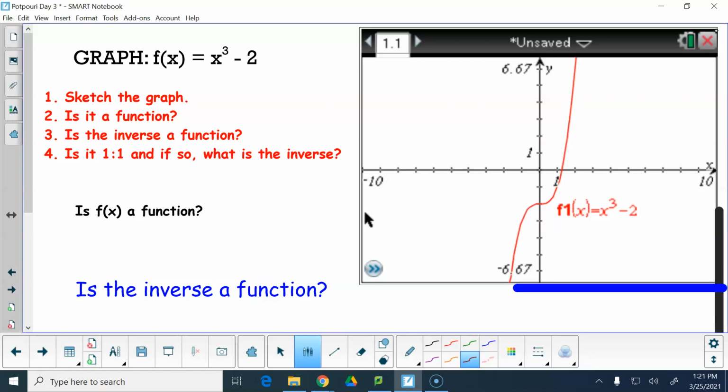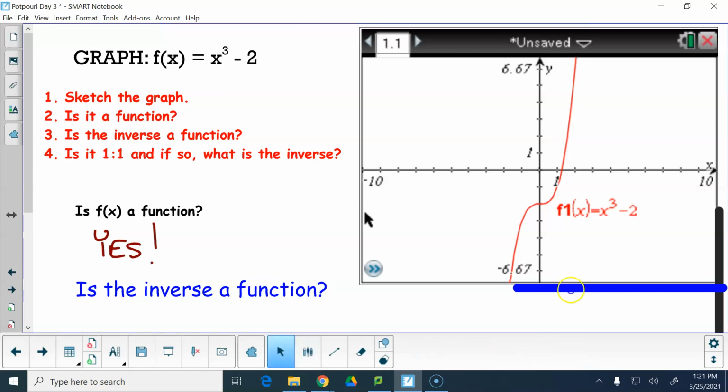Okay, so my question is this. What we're looking at: function, not a function. Function, inverse function, not a function. So the inverse is a function also?